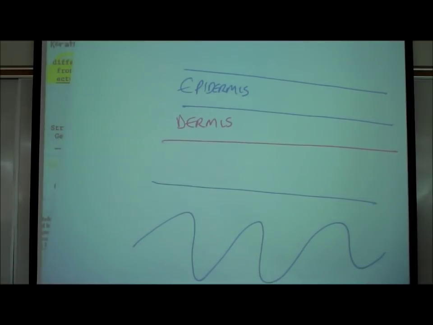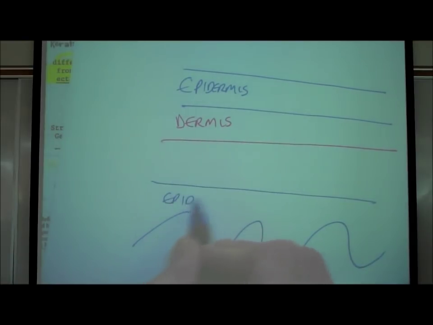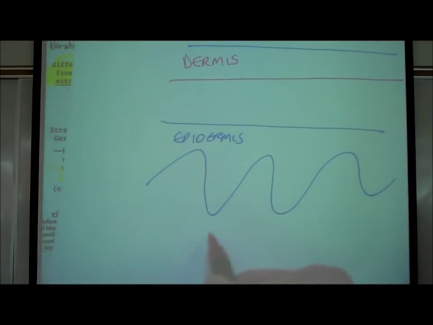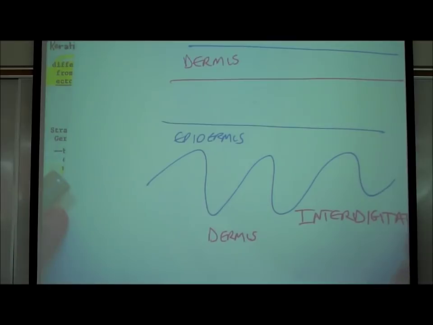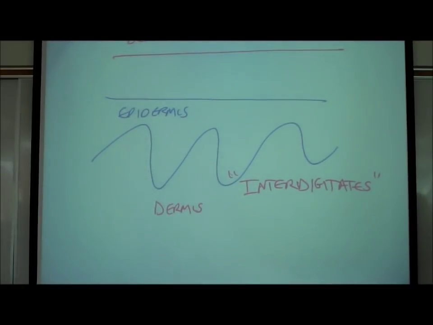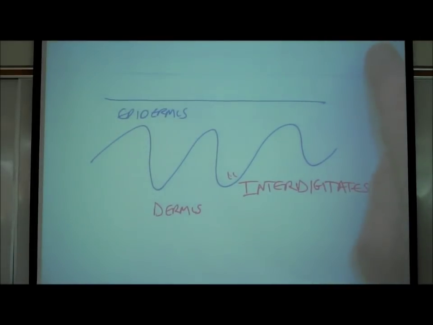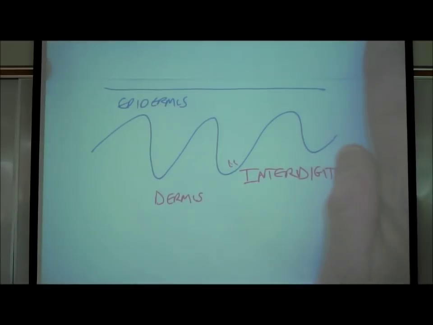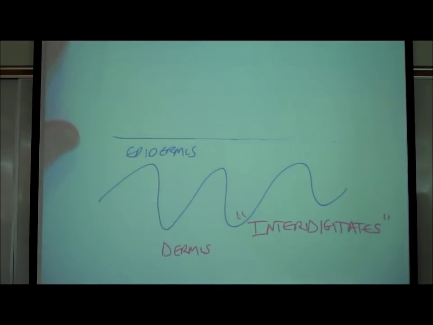We have the epidermis, and we have these papillary folds. Here's the dermis. So it interdigitates. And you might say, what is that? Okay, all right, here's what our skin looks like. So here's the idea.